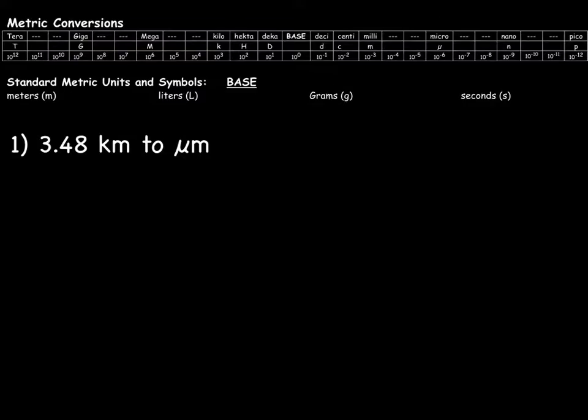All right, so for the first one, we're going to go from km to micrometers, the funky U-looking thing, m. So our known prefix is the k, which I will find here, which is kilo. Our unknown prefix is this funky-looking U thing, which is actually a mu, or micro.